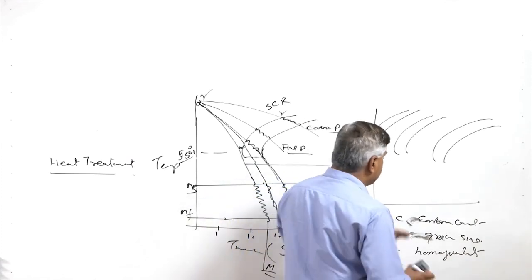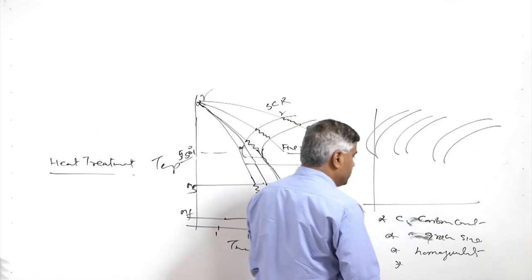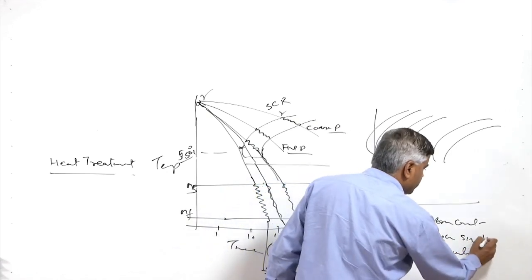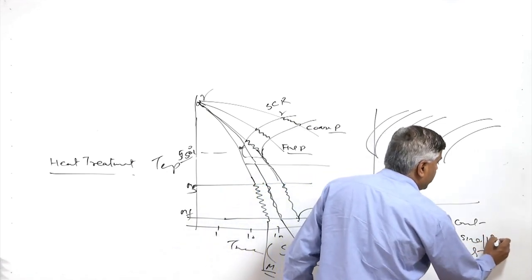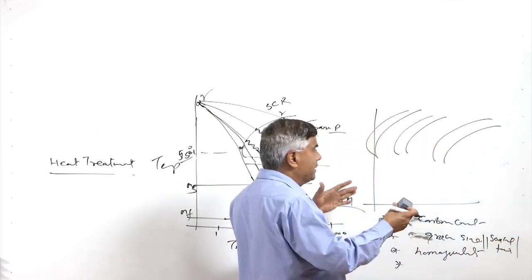So, these are the composition of the steel, grain size and homogeneity, and the grain size is basically affected by the soaking temperature. Higher the soaking temperature, coarser will be the grains.